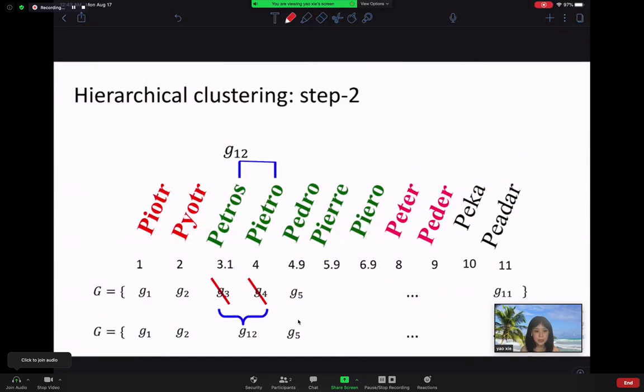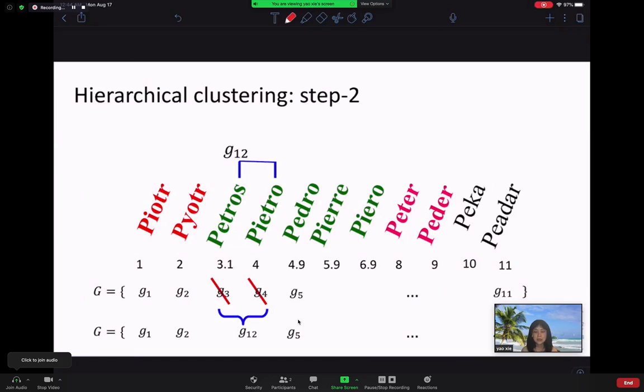Okay, so here's one example to show you how the hierarchical clustering is performed on that string data. So in this example, for the string purposes, we're going to assign one value to each of the strings. So Piotr has value 1, Pyotr has value 2, Petros has value 3.1, and Pietro has value 4.